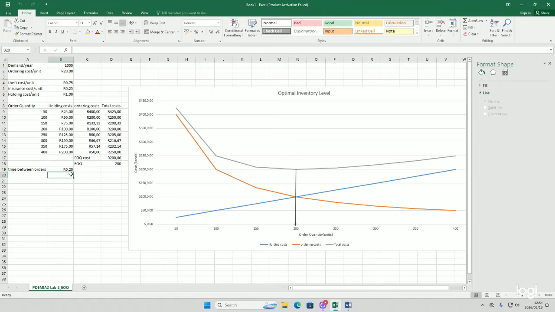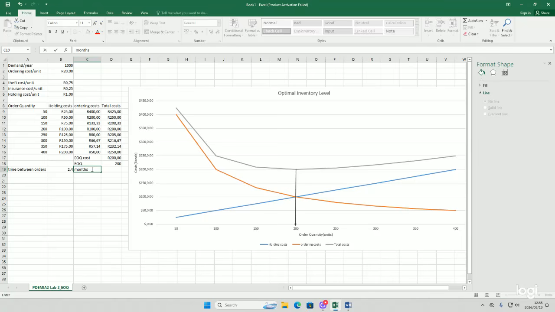So this is your time between orders per year. And if I wanted it per month, then I would multiply by 12 months. This is not rands because it's time, so you change the format to general. It's 2.4 months, your time between orders.